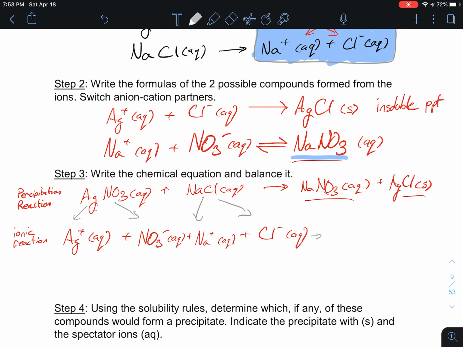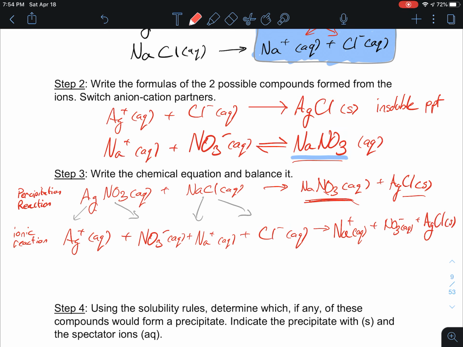Then they were getting reacted with this other mixture, and the result is not going to be formation of sodium nitrate, but the formation of sodium ions and nitrate ions, because those are aqueous, and the formation of silver chloride, a solid precipitate.